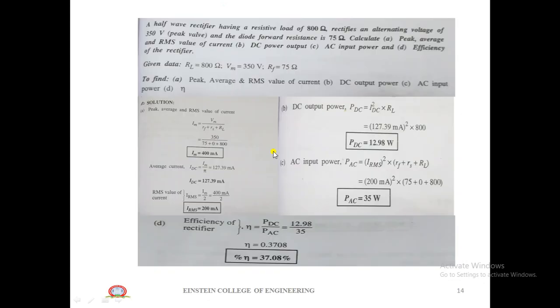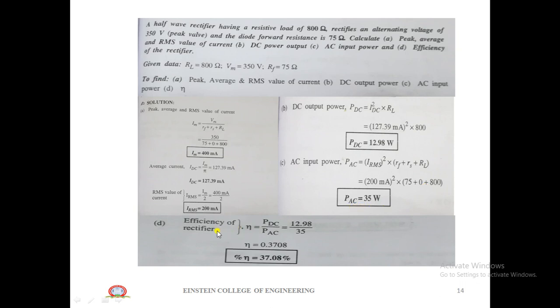The answer will be the same. And next is the AC input power. The equation is I RMS square into Rf plus Rs plus RL. While substituting these values, we get 35 watt.